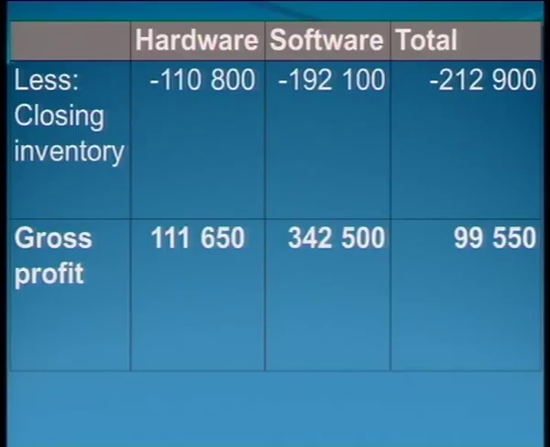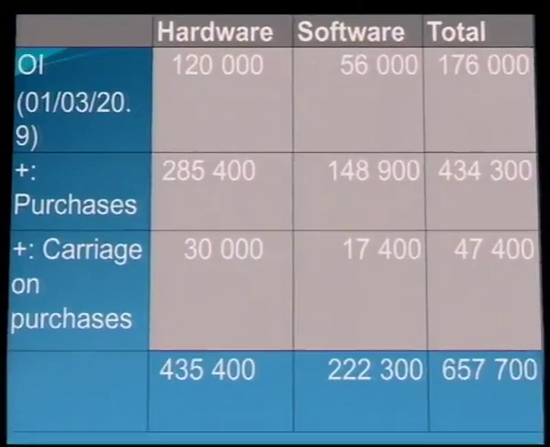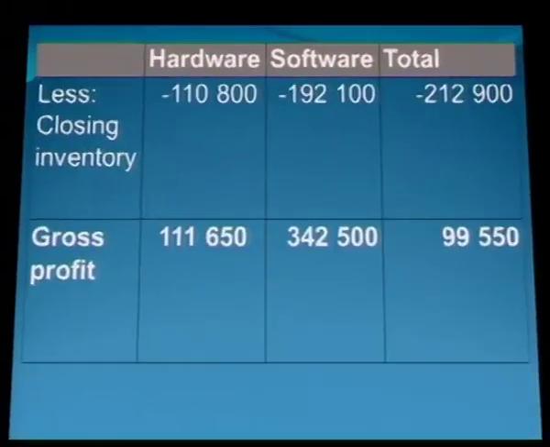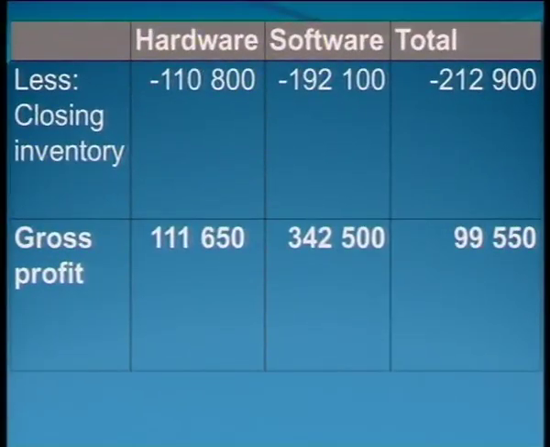To get the gross profit, we say your sales of $657,850 for hardware less the cost of sales for hardware of $546,200 equals your gross profit of $111,650. The same for software.